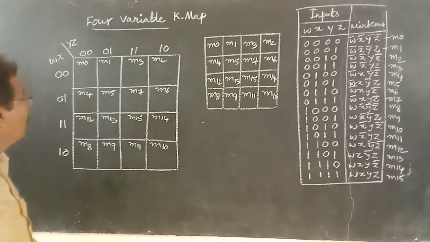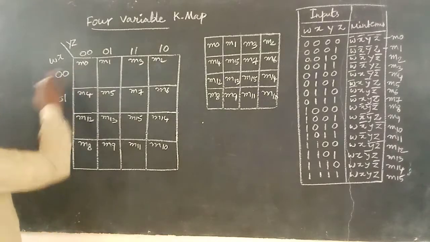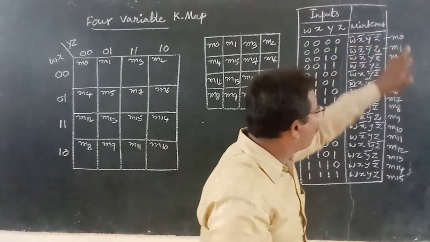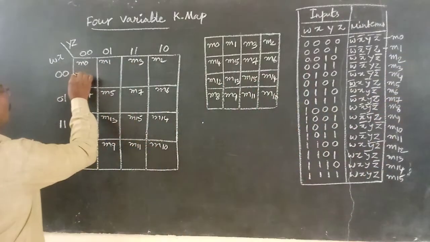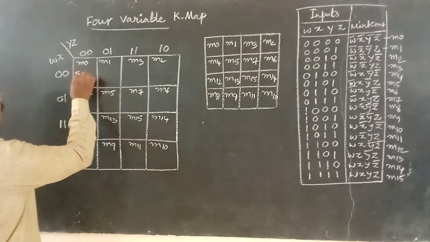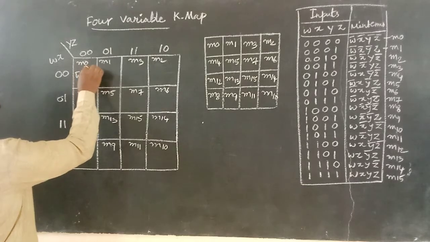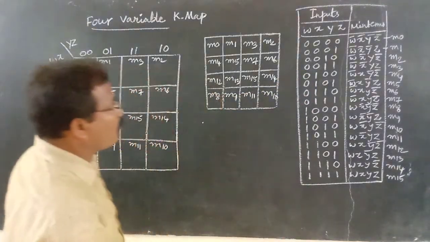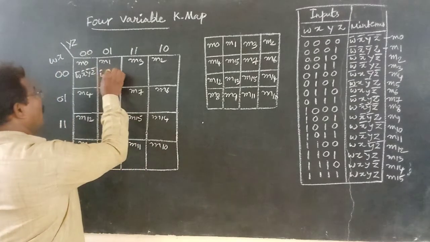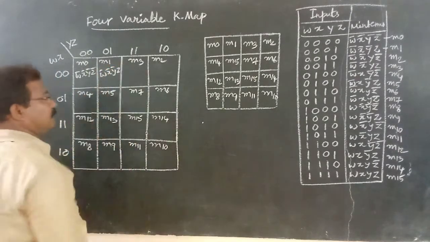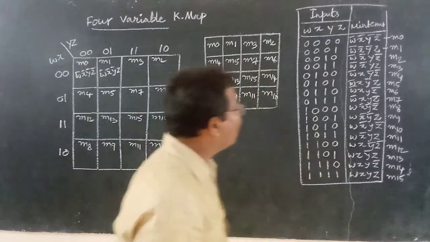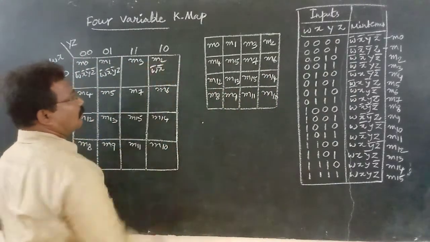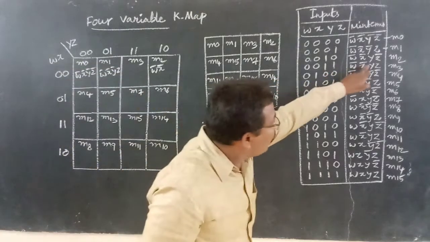Here this is the first minterm M0. What is M0? W bar, X bar, Y bar, Z bar. The second minterm, W bar, X bar, Y bar, Z. The third minterm, W bar, X bar, Y, Z bar.